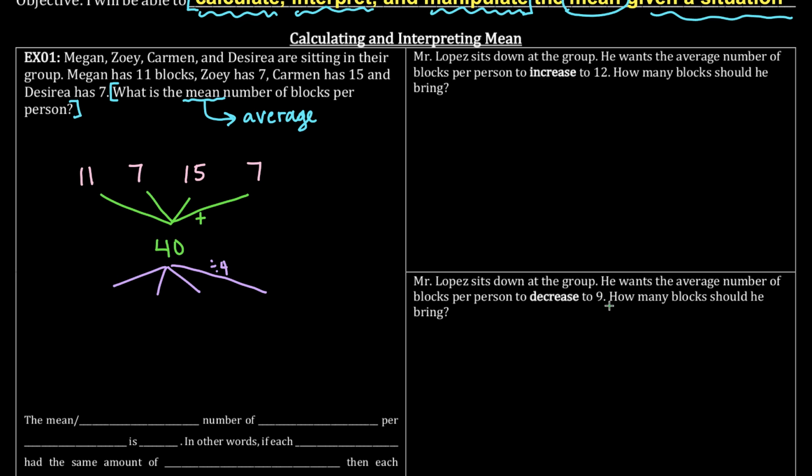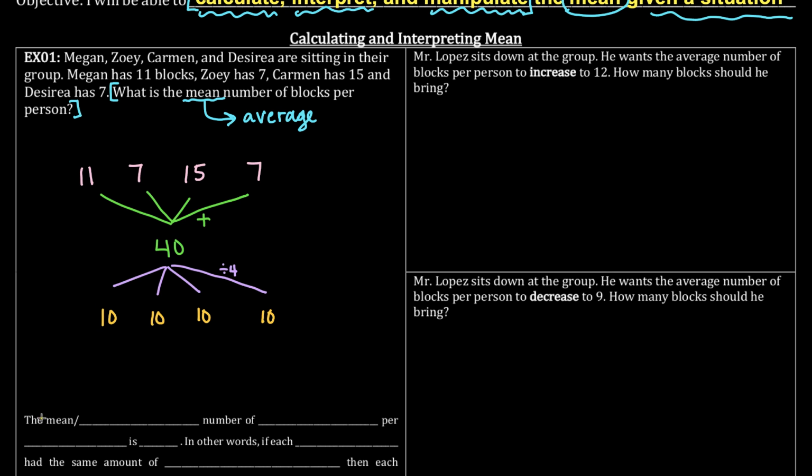We divide them amongst 4 people. And we get 10 blocks per person. Not too difficult, right? Sorry that took so long. Okay, so each person has 10.